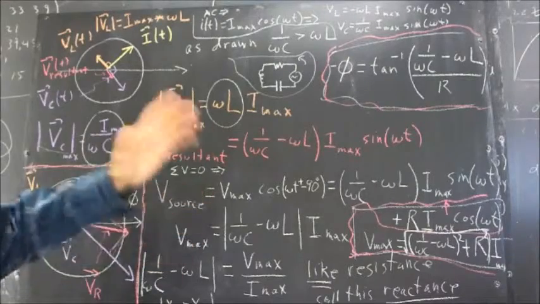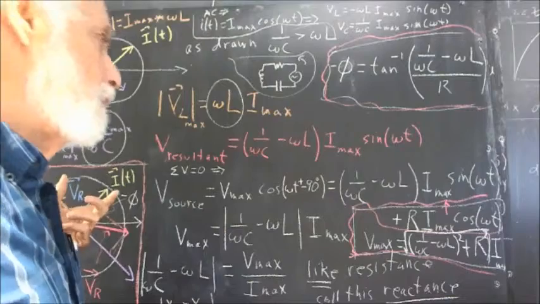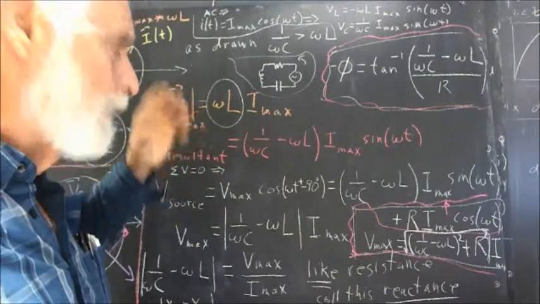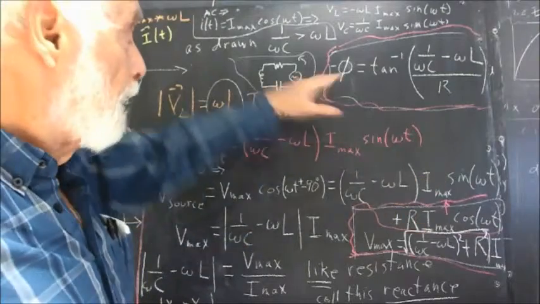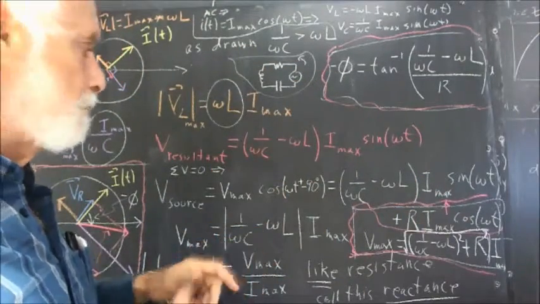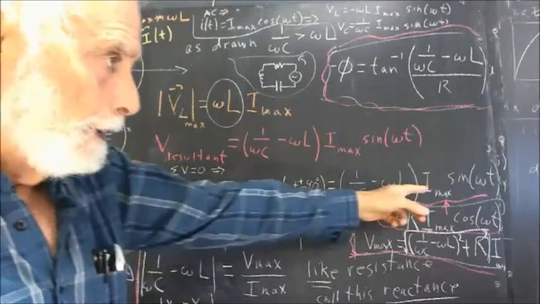And then if you drive the circuit with a source that's at the same frequency as the natural frequency, well, in the solution to your differential equation, you're going to get a slightly different solution here.